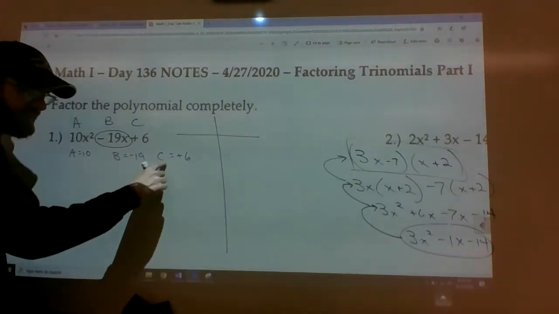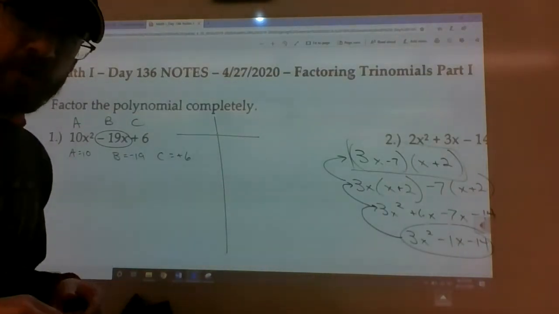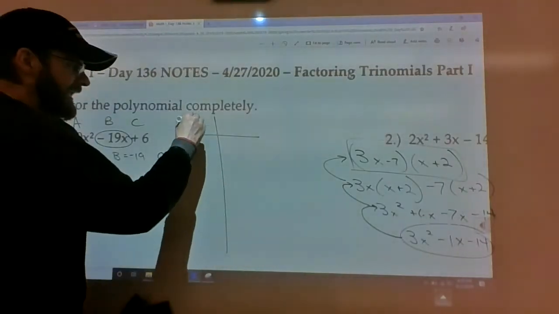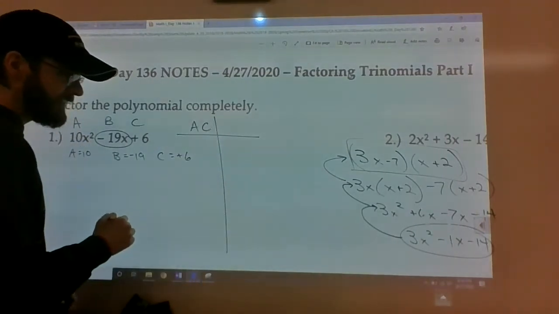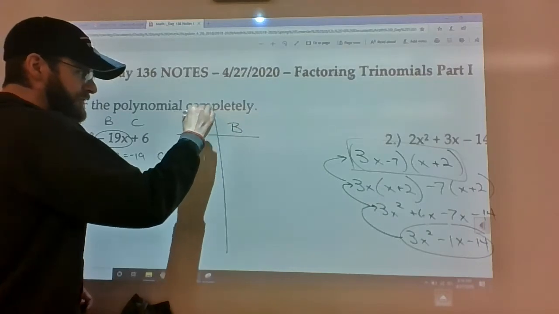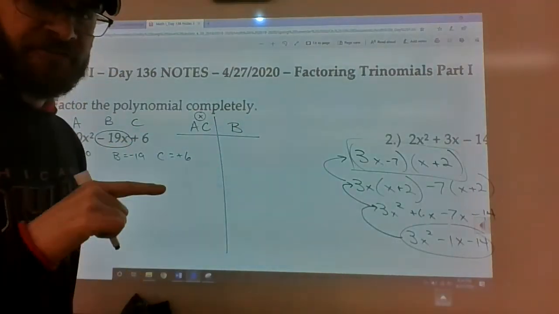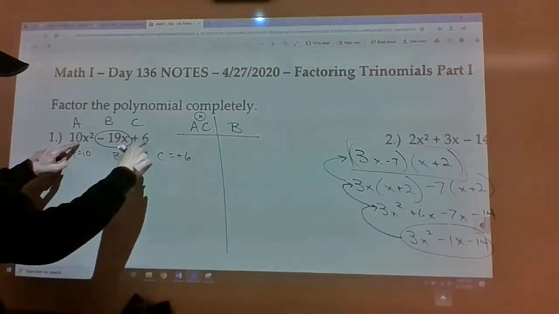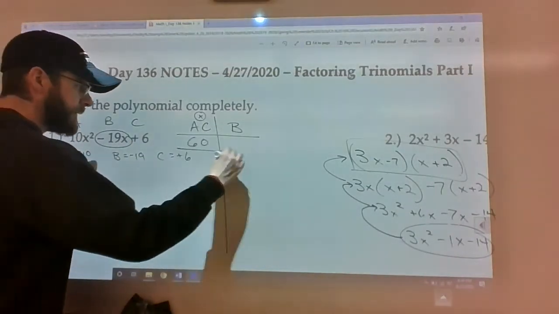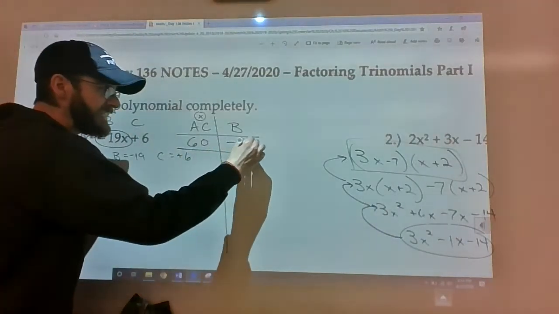This is the constant, and this is your middle term here. What we're going to do is multiply A times C, and figure out what are the factors of 60 that add up to give me my middle term, negative 19.